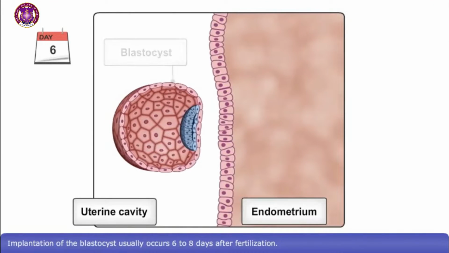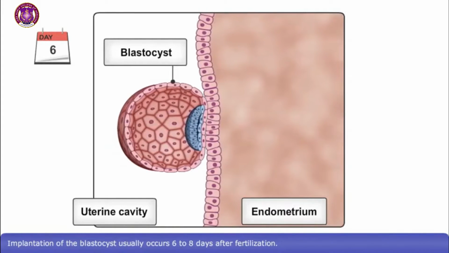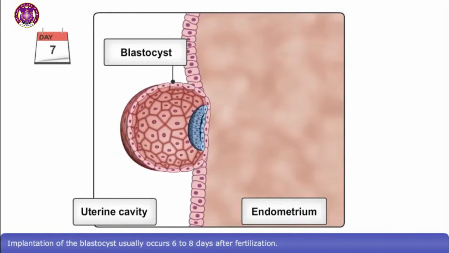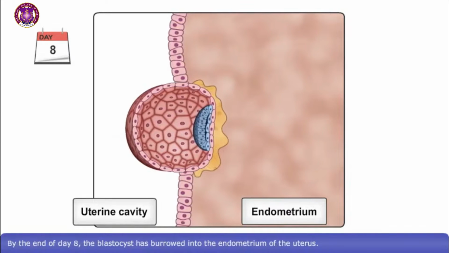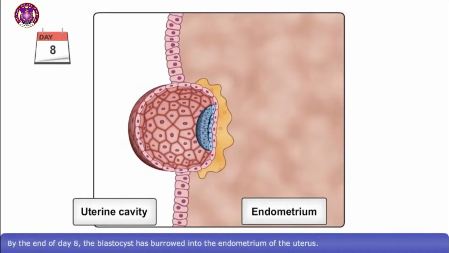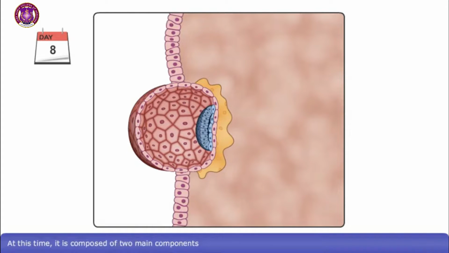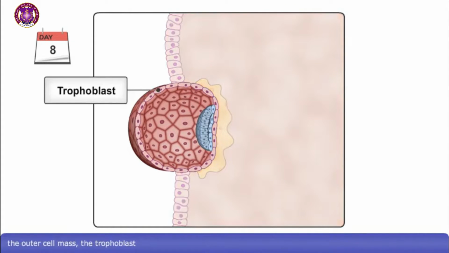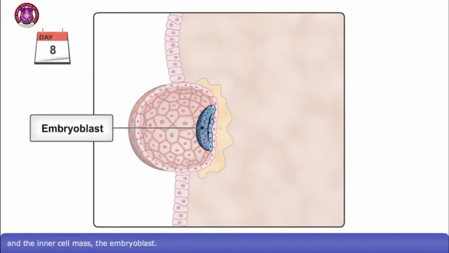Implantation of the blastocyst usually occurs 6 to 8 days after fertilization. By the end of day 8, the blastocyst has burrowed into the endometrium of the uterus. At this time, it is composed of 2 main components: the outer cell mass, the trophoblast, and the inner cell mass, the embryoblast.